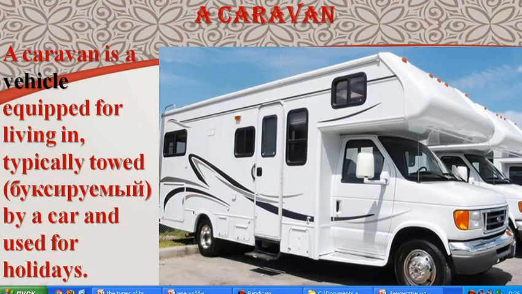We can see such caravans in our country also, but very seldom. Such kinds of caravans are usually used in Great Britain and also in the United States of America. As for our country, it's very seldom.